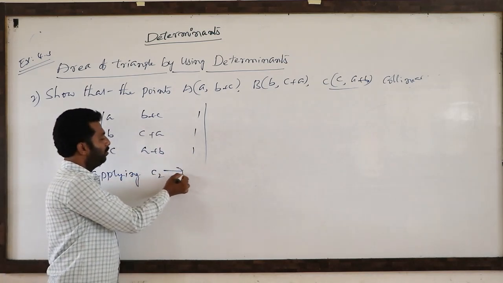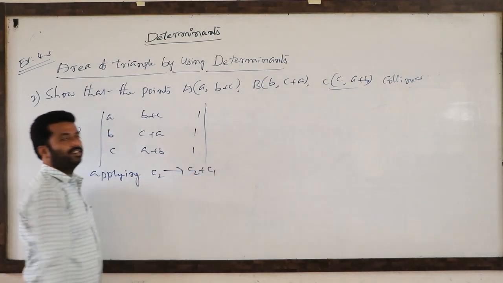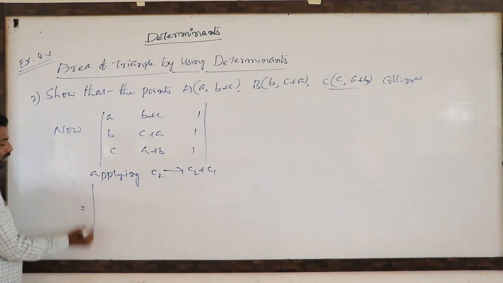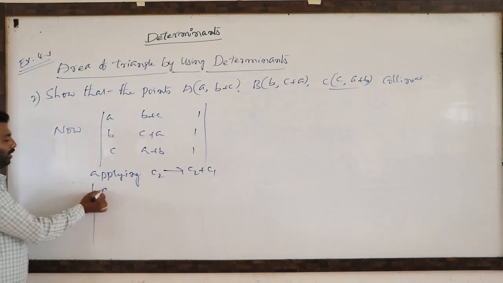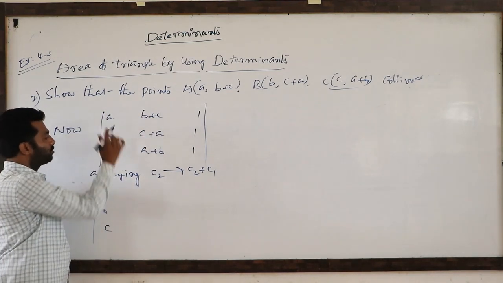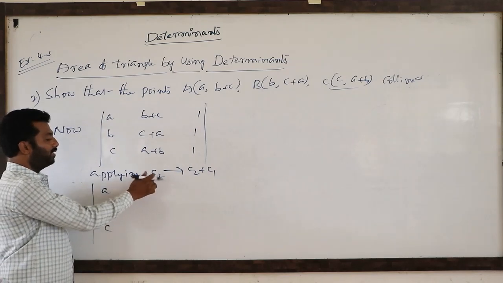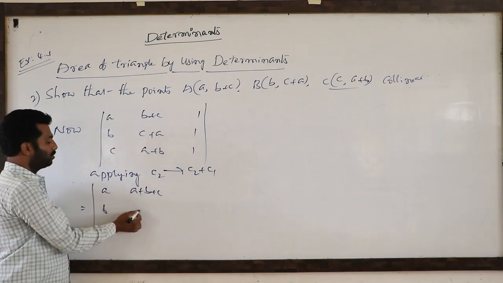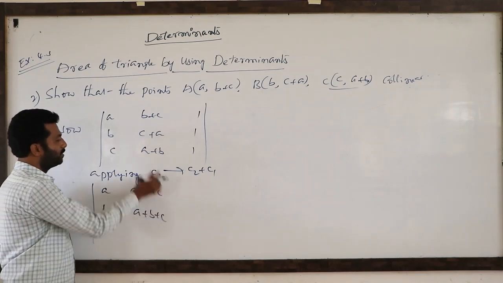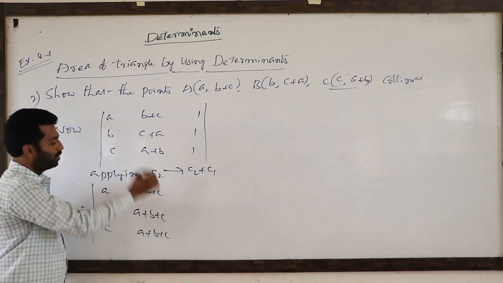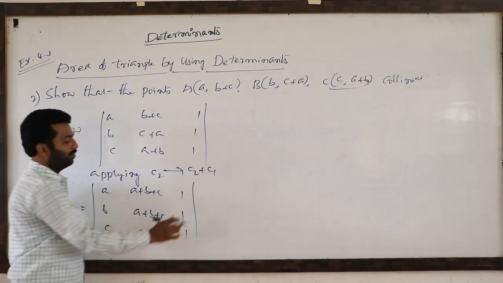Applying C2 changes to C2 plus C1, if I apply that operation, what do we get? No change in C1, that is A, B, C. C2 plus the corresponding C1 we write as C2. So that is A+B+C. This is also A+B+C. This is also A+B+C. No change in the third column.